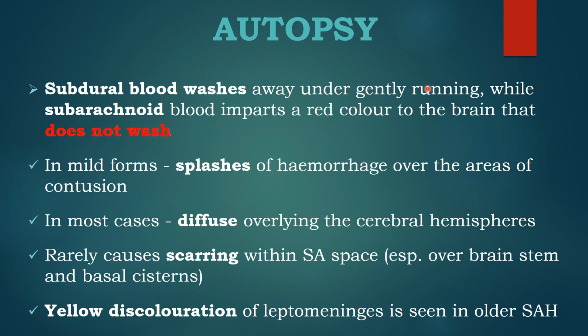Subdural hematoma does not dip into the sulcus. It is over the surfaces, over the crest only. But if you see hematoma in the sulcus, that means it is subarachnoid hemorrhage. So these are the two methods by which, by naked eye observation, you can distinguish between subdural and subarachnoid hemorrhage at autopsy.